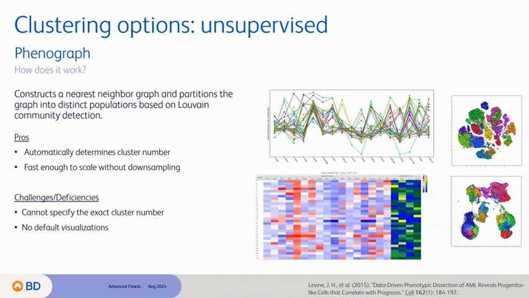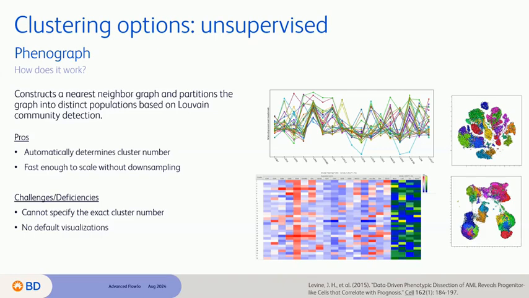So the result is a really good and robust data-driven clustering that can uncover those complex relationships between cells. One of the strengths with Phenograph is its ability to automatically determine the number of clusters without requiring the user to specify this parameter in advance, which is a limitation in FlowSum, for example.